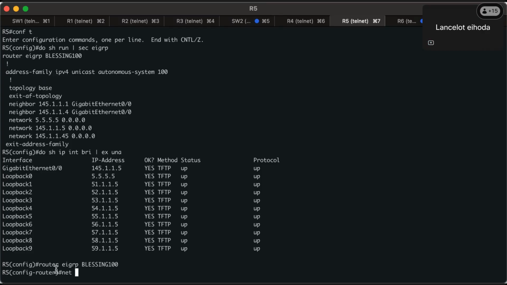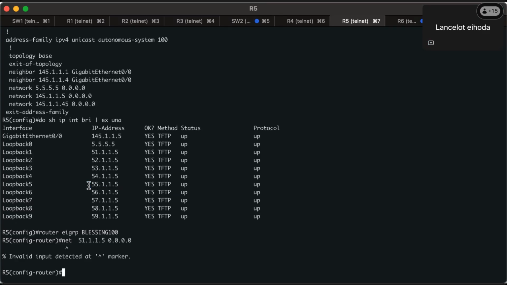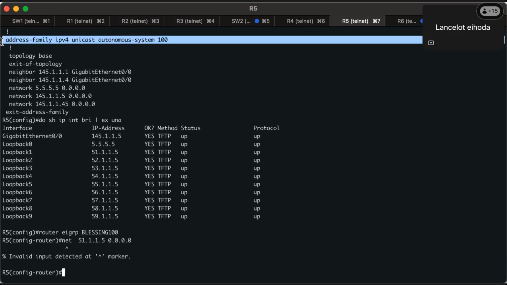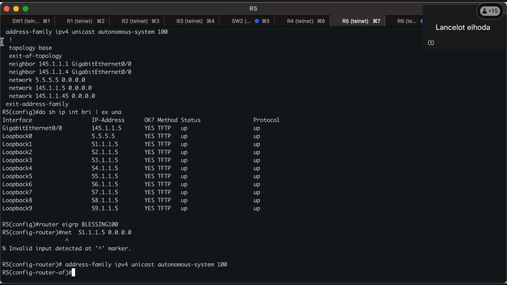Network. Sorry, I forgot this as usual. 51.